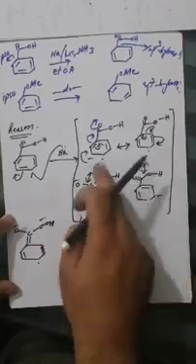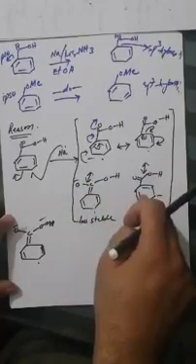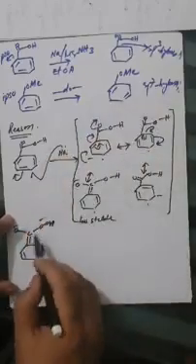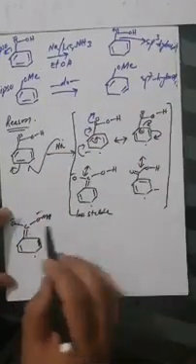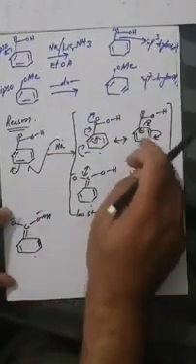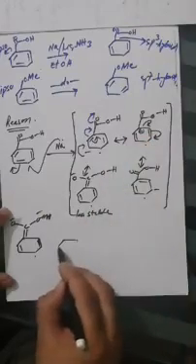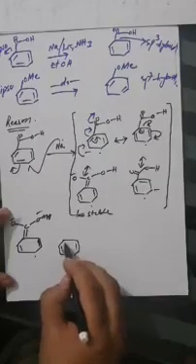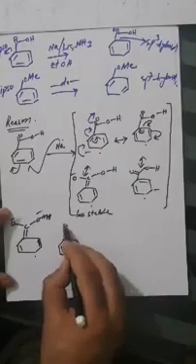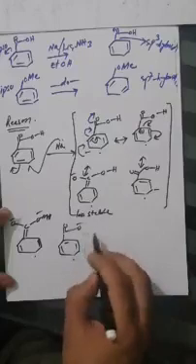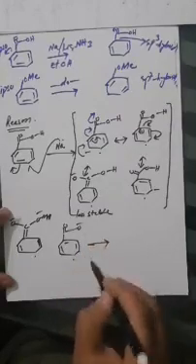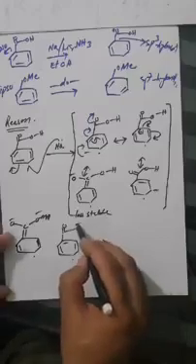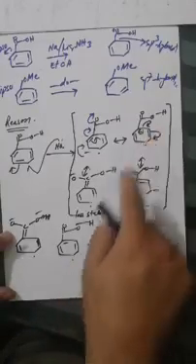So which is more stable among these four resonating structures? This one is more stable. Okay, so we will have to take this one. This resonating structure is more stable.